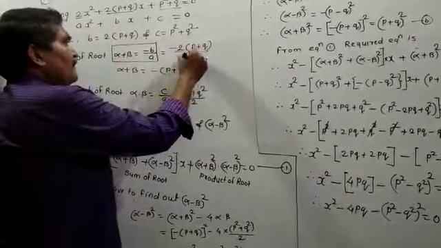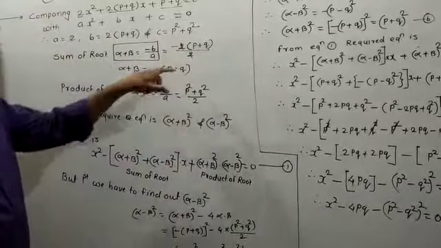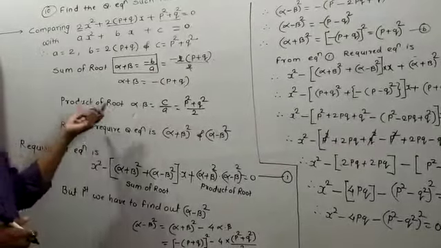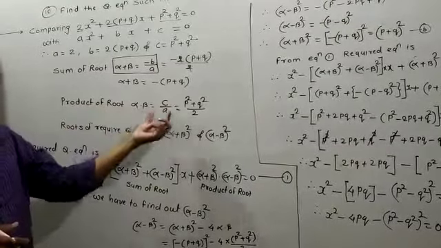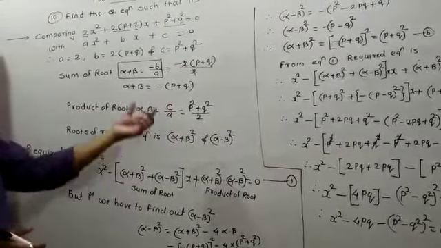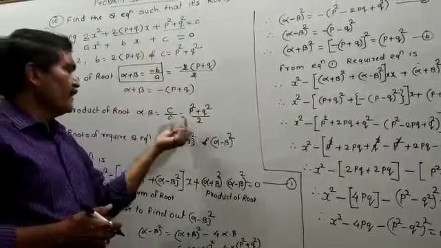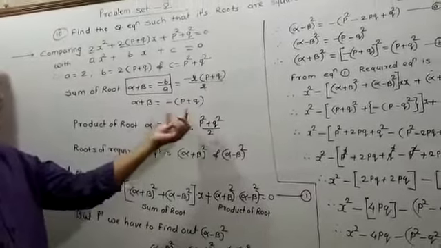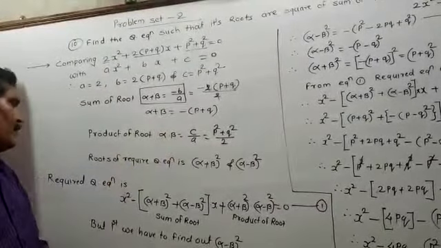You have to cancel this 2, so minus p plus q is the sum of the roots. Then you have to find the product of the roots. Product of the roots is equal to c upon a, where c is p square plus q square upon a is 2. From that we get the sum of the roots and the product of the roots.